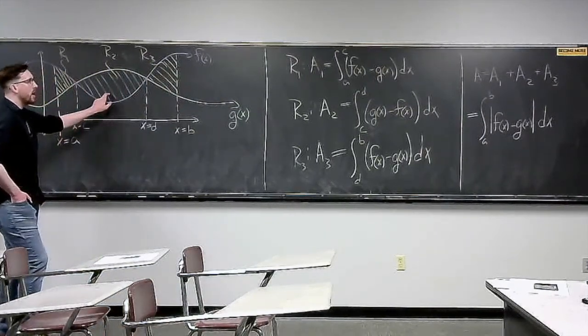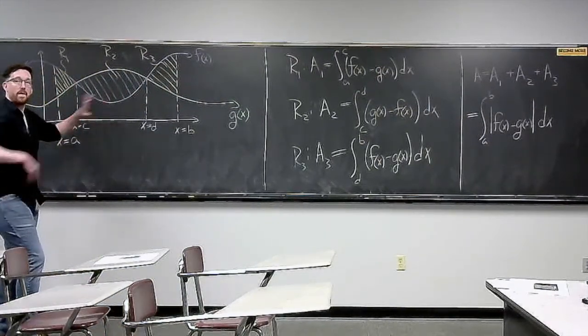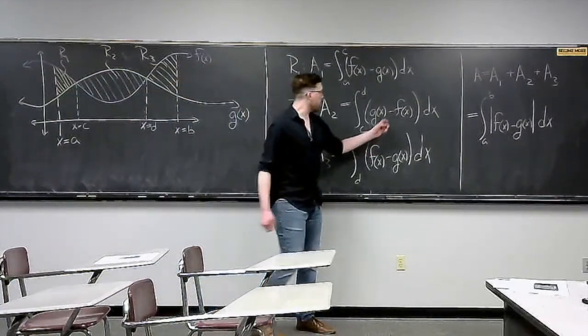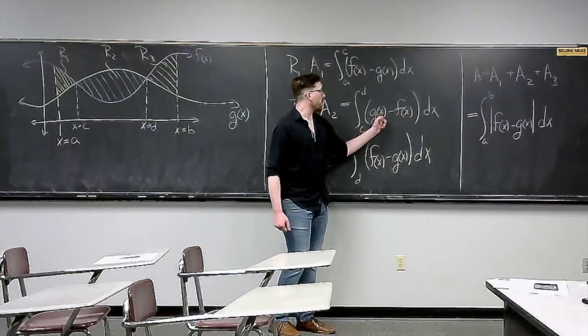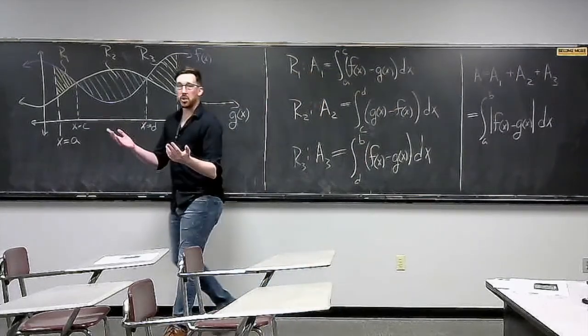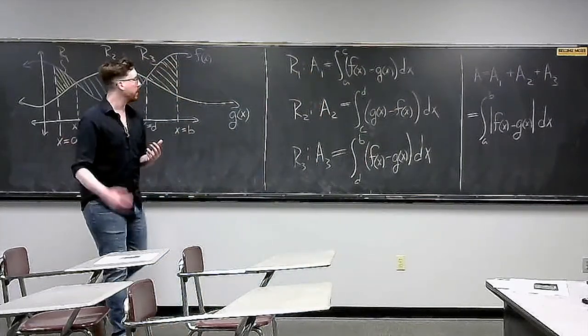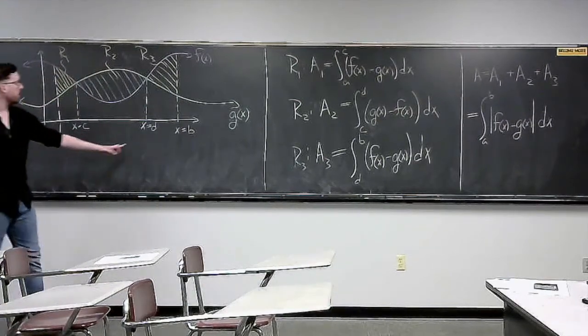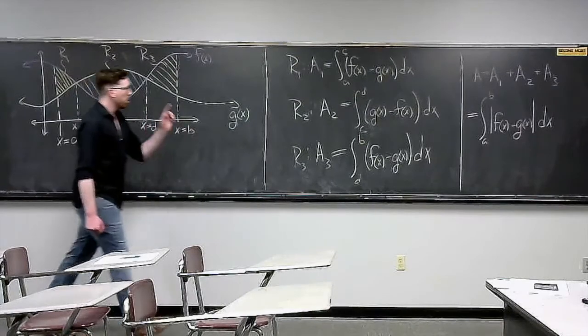But notice our top function and our bottom function flip-flop in that middle region. So for that reason, here we're going to swap f of x and g of x inside the integral, right? So instead of f minus g, we're going to have g minus f. And this is from the region x equal to c up to x equal to d.